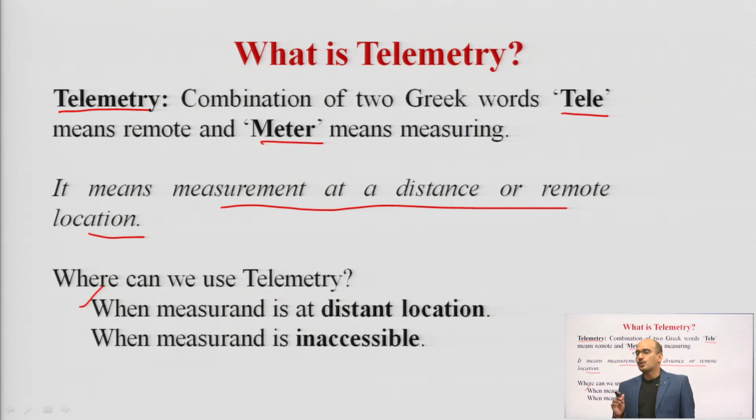Throughout the year it is not possible for any person or agency to stay on the glacier to record the data. So what they do is place a sensor unit, or telemetry unit, at that glacier, and at some time span they go there to change the batteries or for maintenance of the system, and remotely the data comes from that data center to the earth station through various means of propagation.